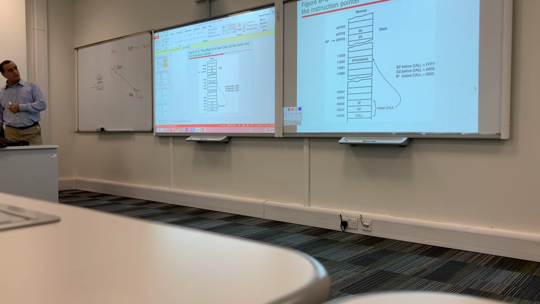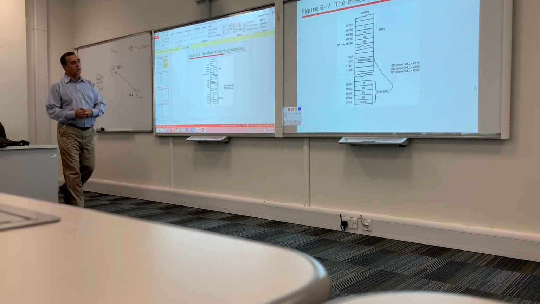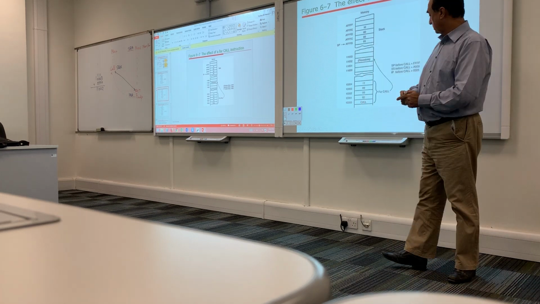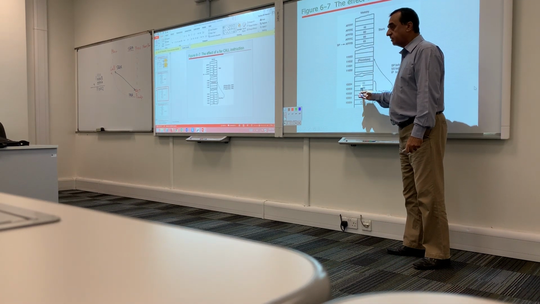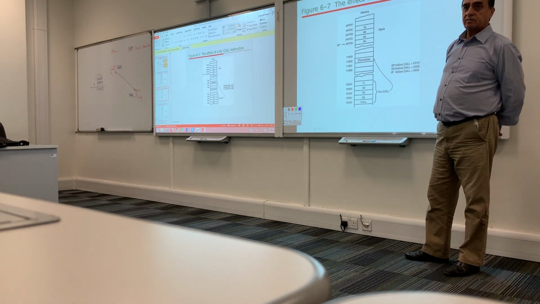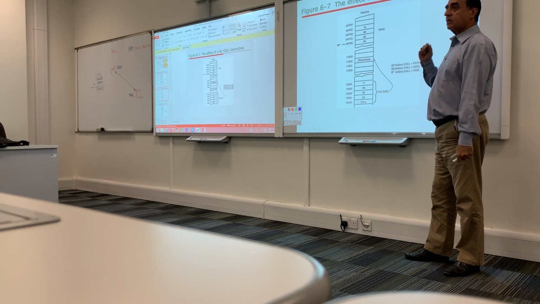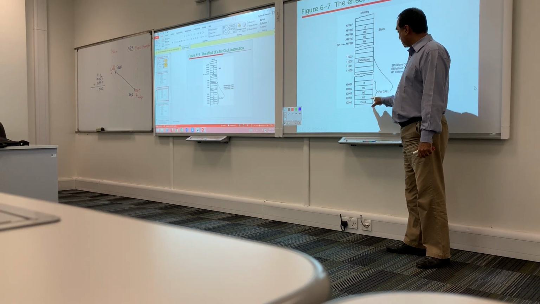How about the far call? Now you see after call, there are two values: 0002, 1100, IP and CS. So what is the first thing to be done? Before jumping to the procedure, save the return address.